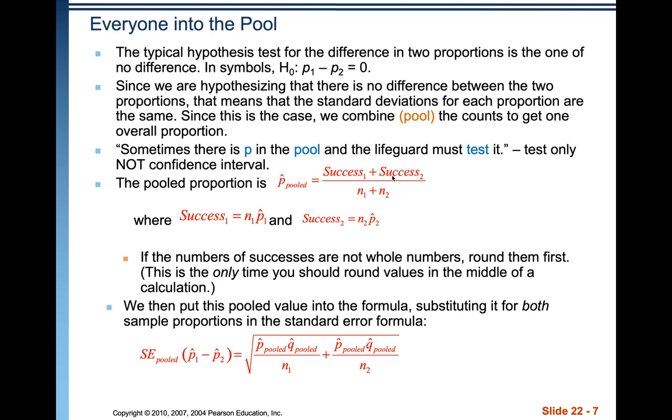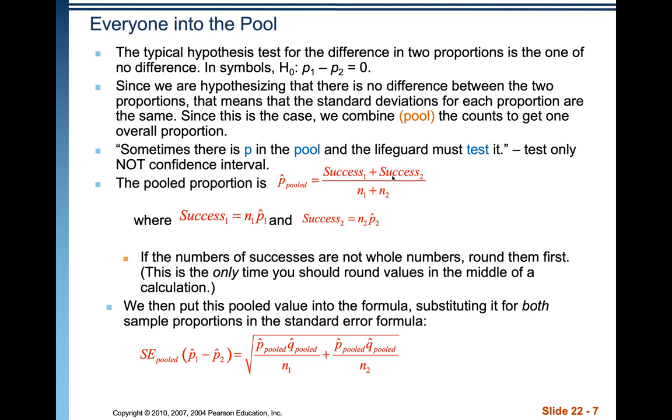All right, the pooled proportion is going to be represented for the sample as p-hat pooled, and it is going to be success 1 plus success 2 over n1 plus n2. And if you're given the sample proportions from each sample, to find the number of successes in group 1, you'll do the sample size of group 1 times its sample proportion, and the analogous process for sample 2.